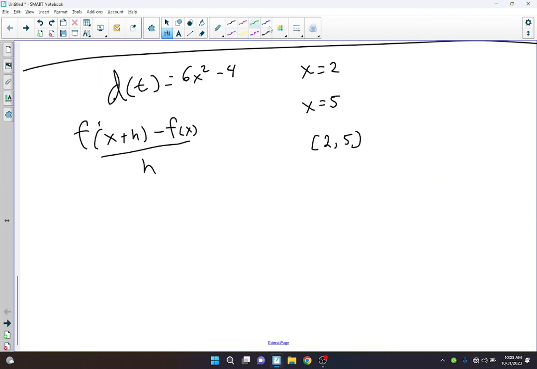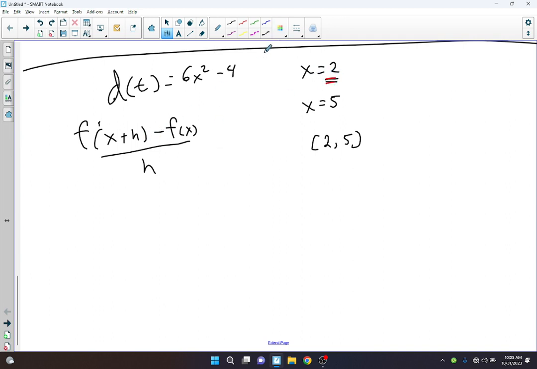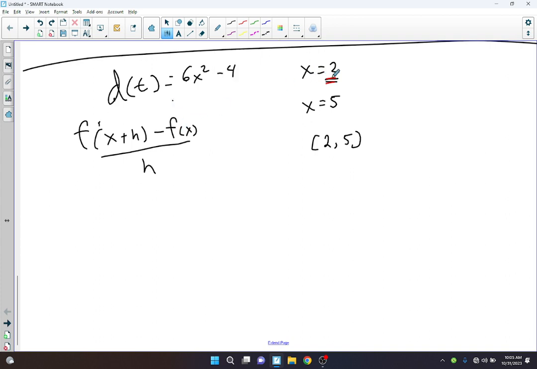Since I'm asking for exactly 2, I could plug in just 2, or I could keep it x and find the equation of it. If I keep it x and find the equation, then afterwards I could plug in 2. And since you have to do 2 and 5 in this case, it might be easier to find the equation instead of doing the big one twice. So we're going to do just the equation.